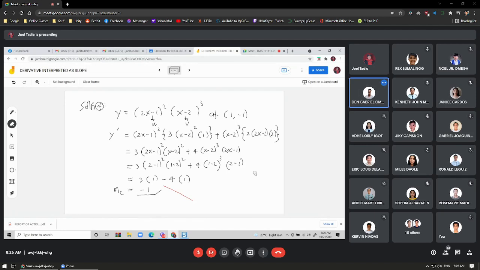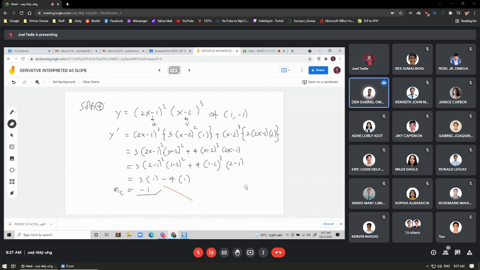So here guys, x is 1, so let's substitute 1 for all the x's in the second line. It becomes 3 quantity 2 times 1, which is 2, minus 1 to the power of 2 multiplied by quantity 1 minus 2 to the power of 2, plus 4 quantity 1 minus 2 to the power of 3 multiplied by 2 minus 1.